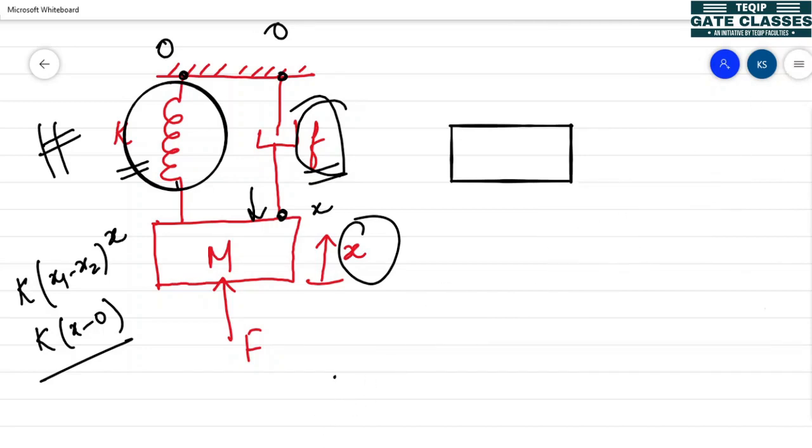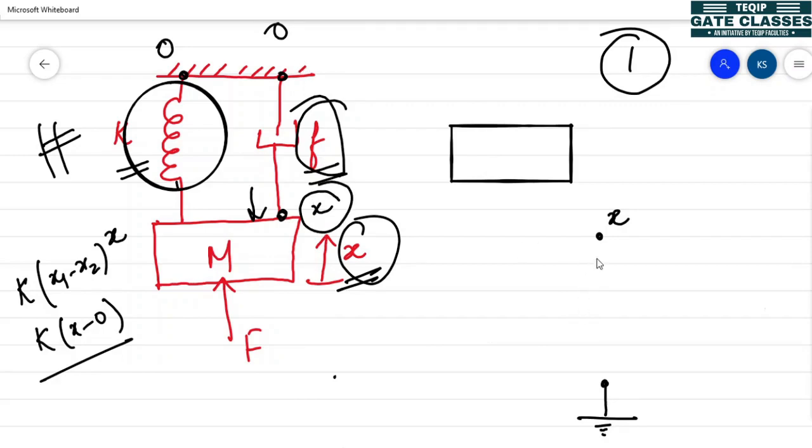We can observe here that there is only one displacement, so there is one principal node which I will mark as x, and take one node as the reference node. So this is my reference node.